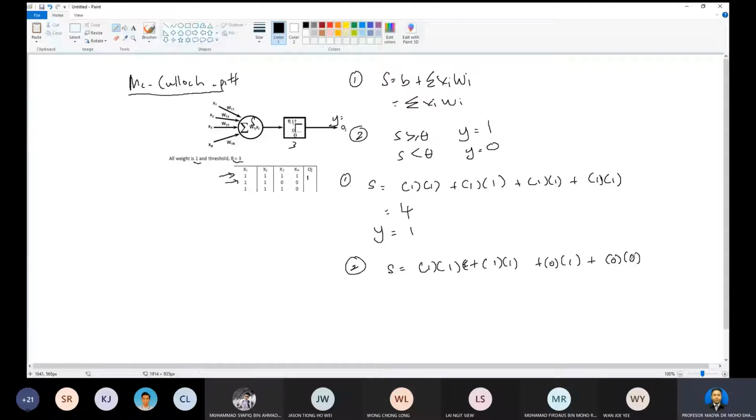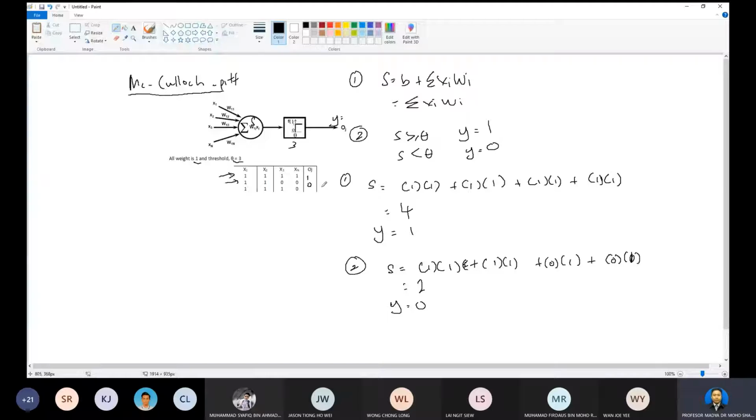So S equals 2. That means S is less than the threshold, and our threshold is 3. So Y equals 0 for the second iteration.